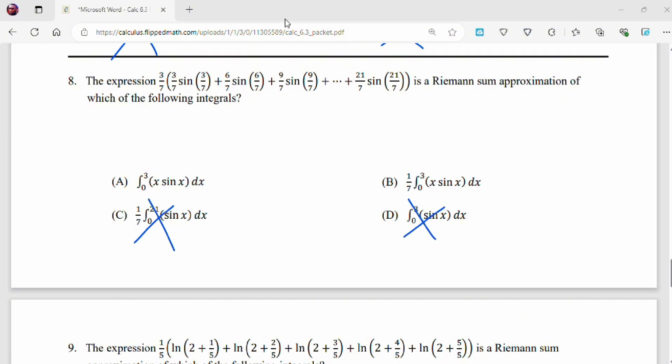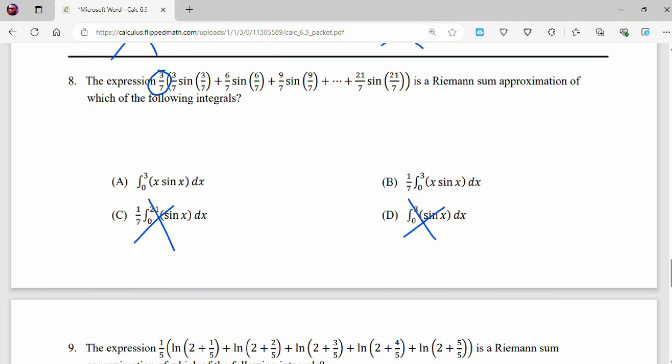Now, remember that this part right here is b minus a over n. That is b minus a over n. And so we have n rectangles, so we have 7 rectangles.